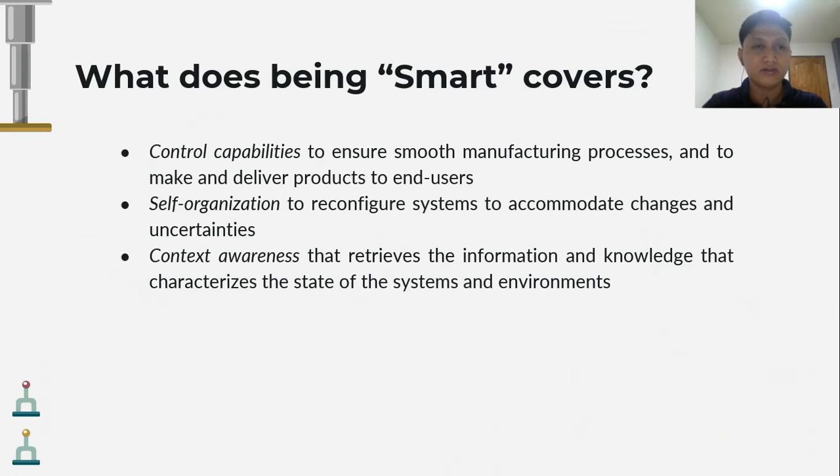So what context awareness means is that the system is able to identify what's wrong with the system, so it can alert or make informative decisions or suggest actions that could minimize the downtime or the breakdown of the equipment.